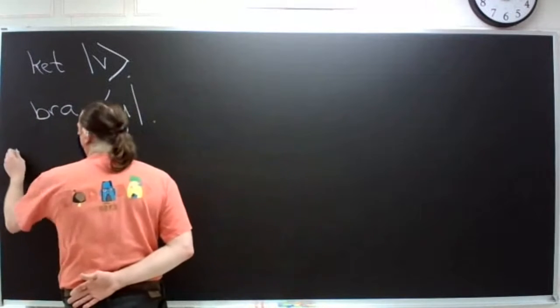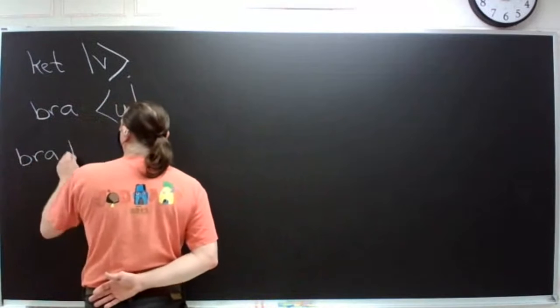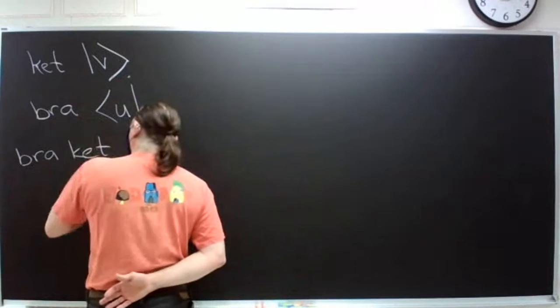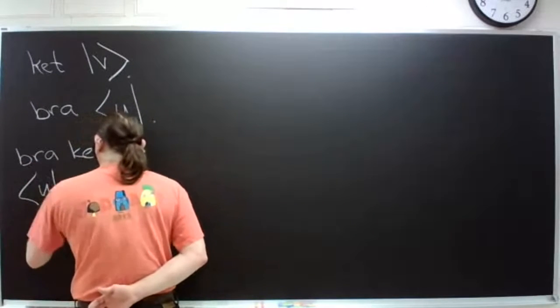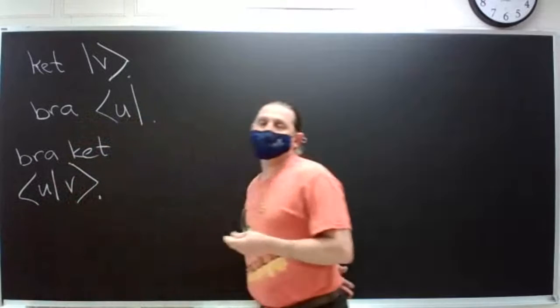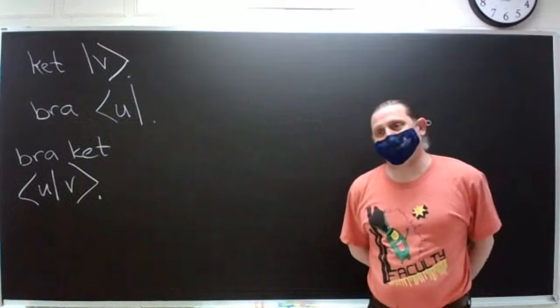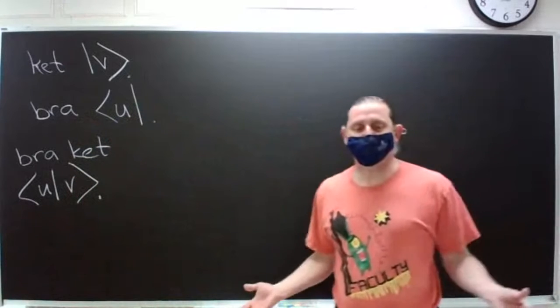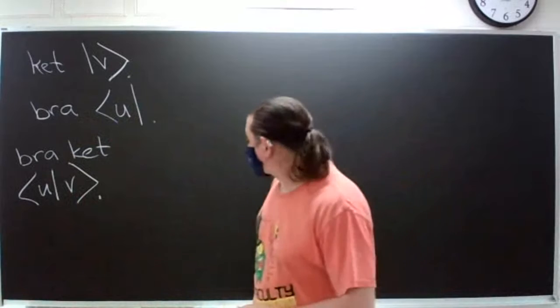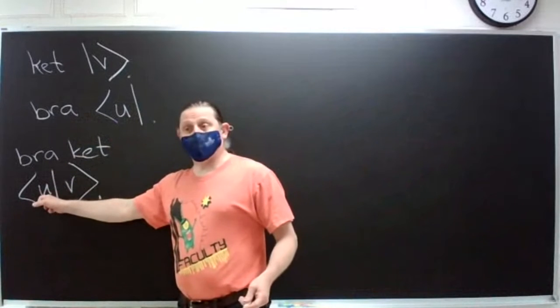So the inner product is written like this. Bra ket. Dirac was a funny guy. Anyway, so this is going to be our inner product.